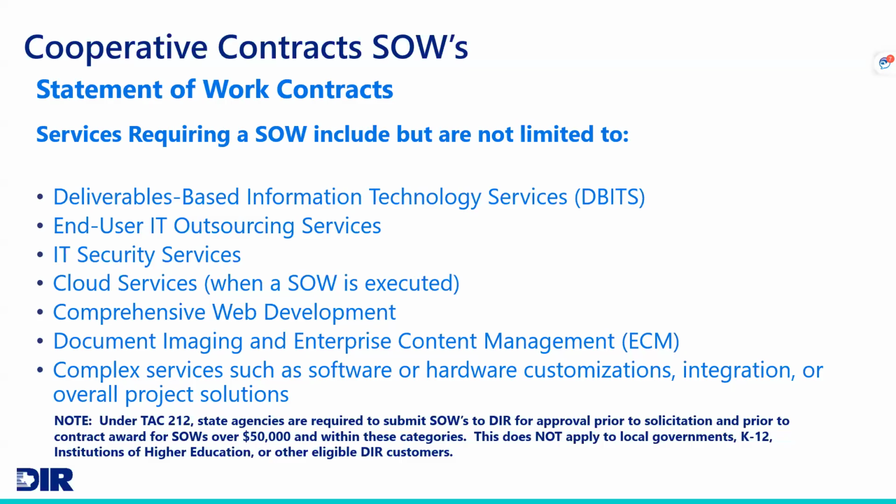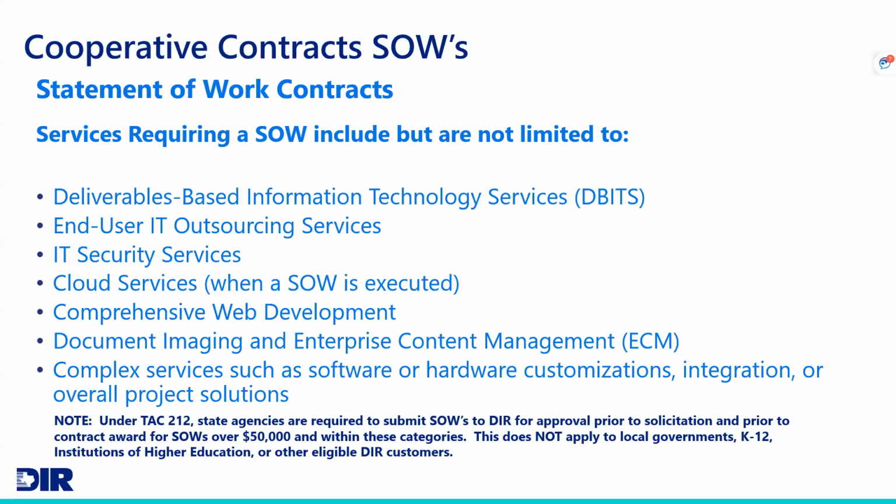Also, just a reminder, under TAP Code 212, state agencies have to get those approved by DIR if it's over $50,000 in value. That rule does not apply to our local governments, school districts, higher ed, or our other eligible DIR customers. So we just make that disclaimer that state agencies have to get those approved by DIR.